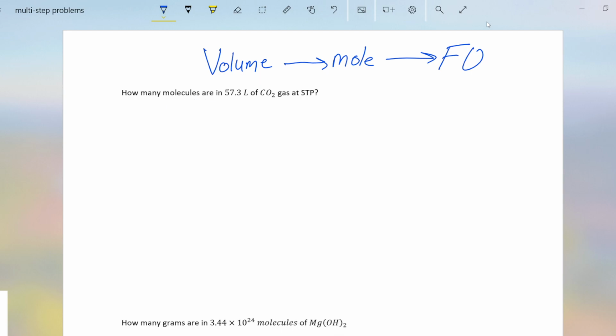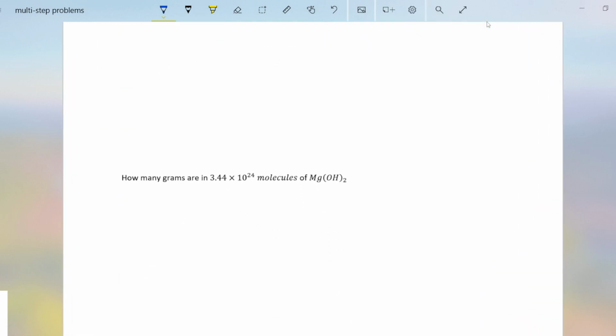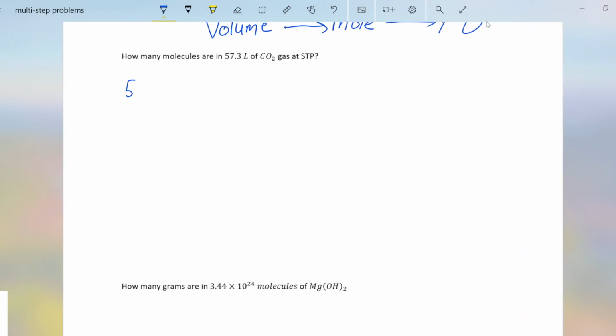So I start off by writing 57.3 liters CO2. There's a reason for that, and we won't really see it until maybe another problem, but it's pretty important to actually include things like CO2 when we do multi-step problems.